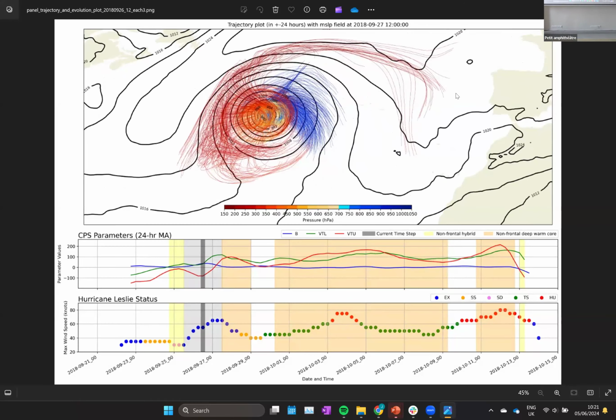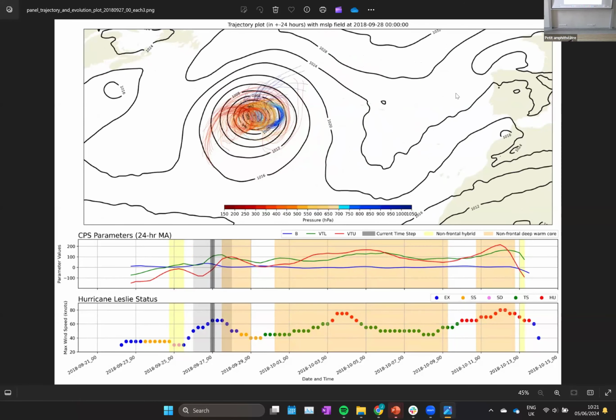Now the problem comes, because you have a strong vortex in the sea level pressure. If you only see the sea level pressure, you could infer that this could be a tropical cyclone. And also in the cyclone phase space, the cyclone is approaching the non-frontal deep warm core.